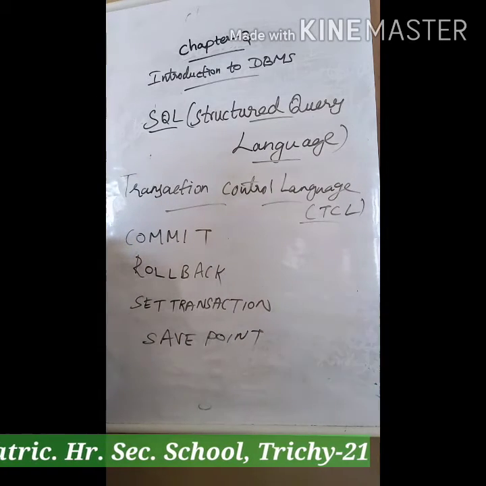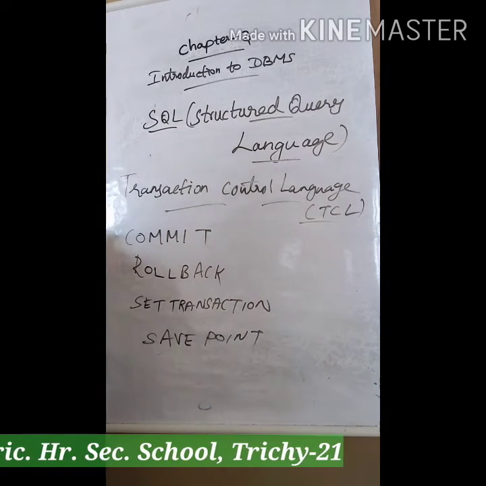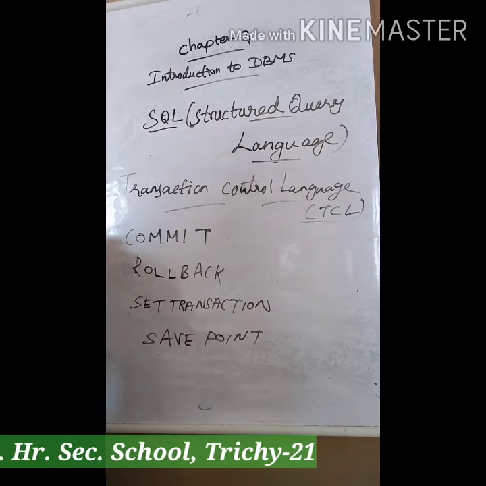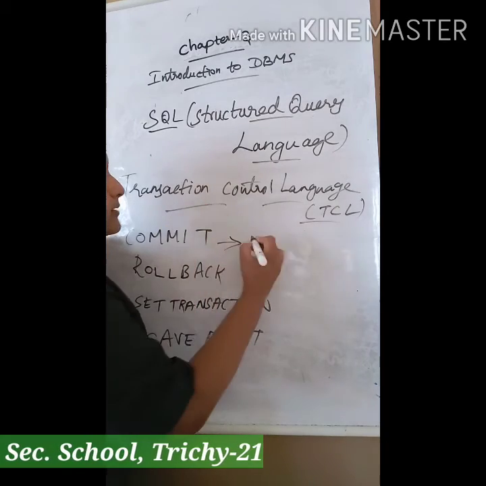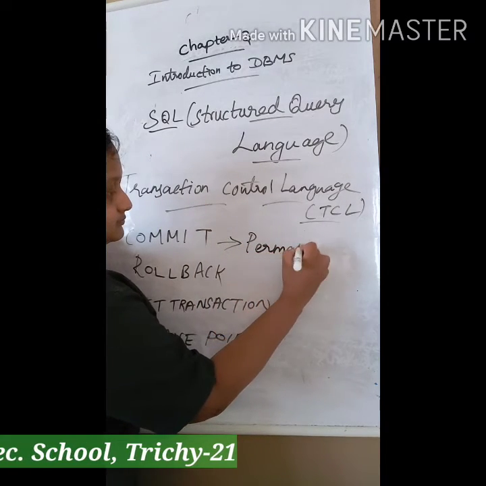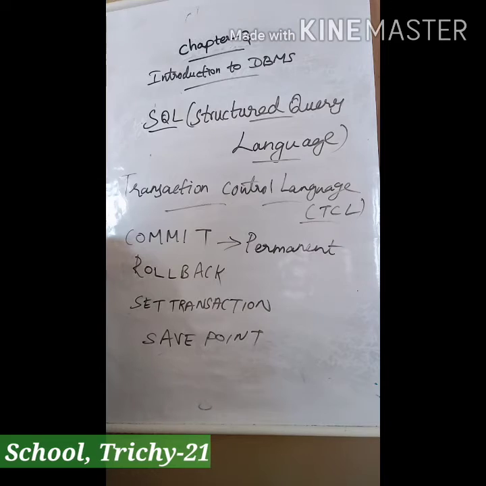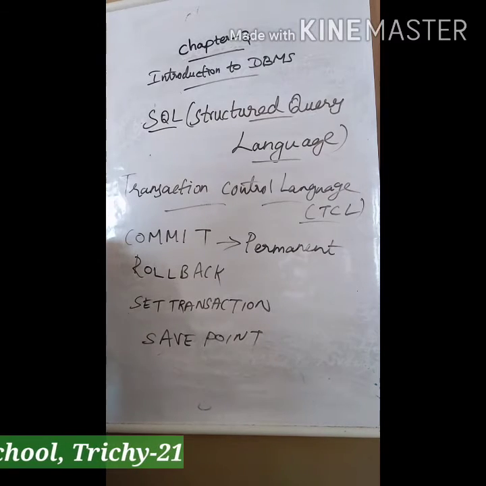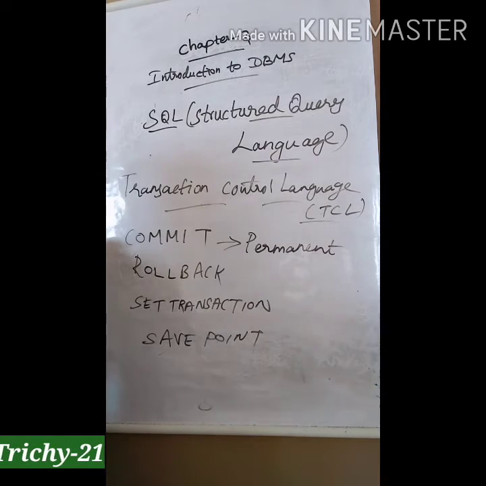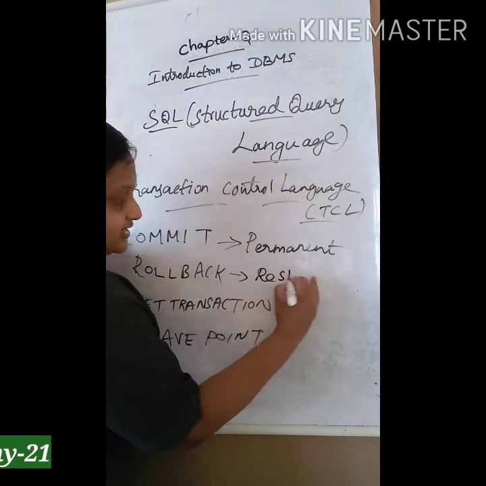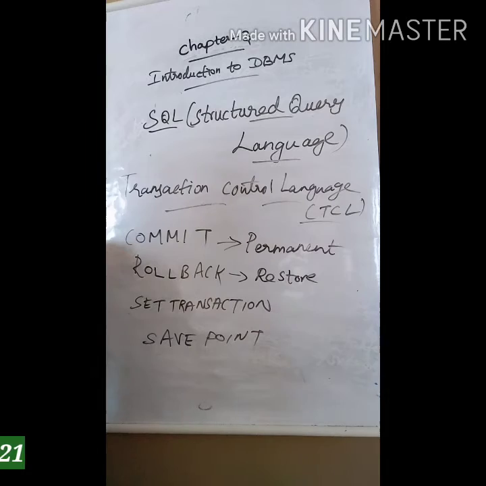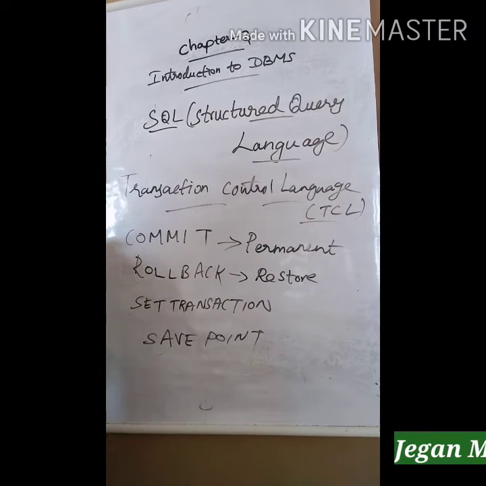The first one is the commit command. This command is used to save the data permanently. The next one is rollback. It restores the database to its original state since the last commit. Until the permanent save, we can restore the data. The third one is set transaction.